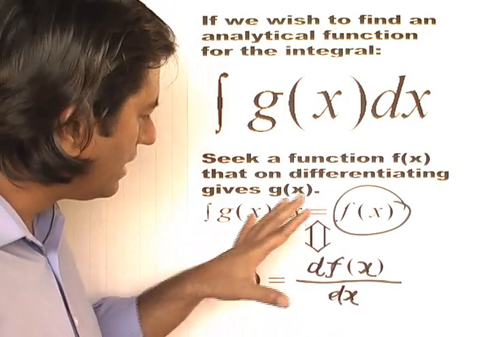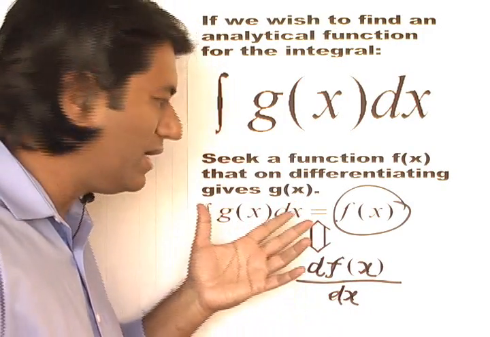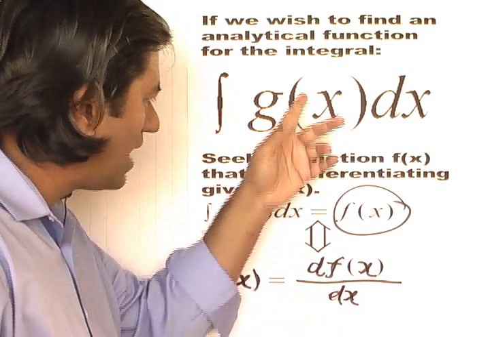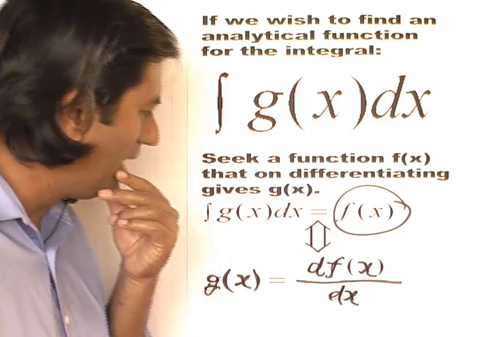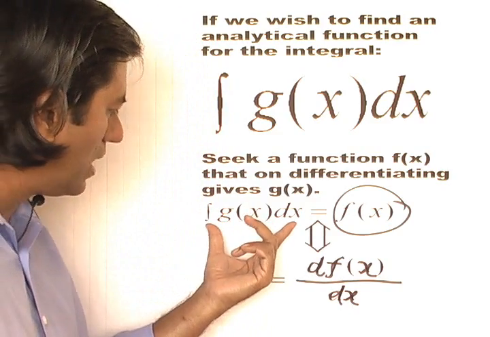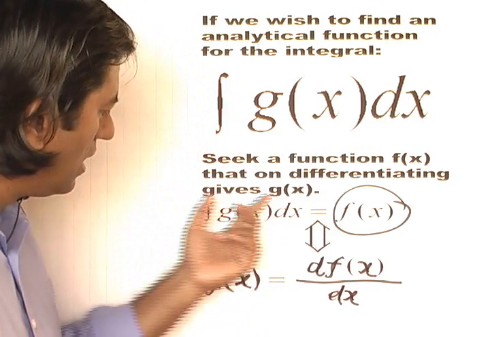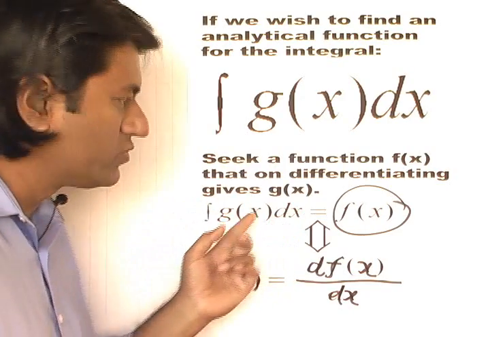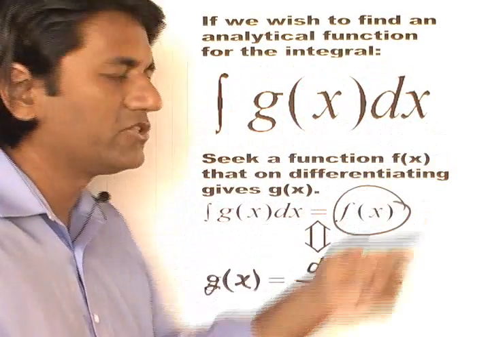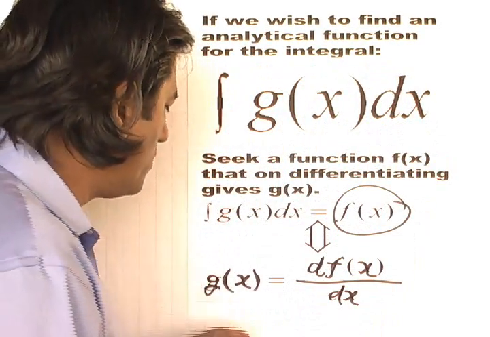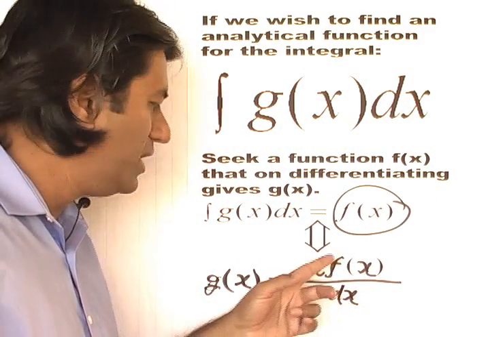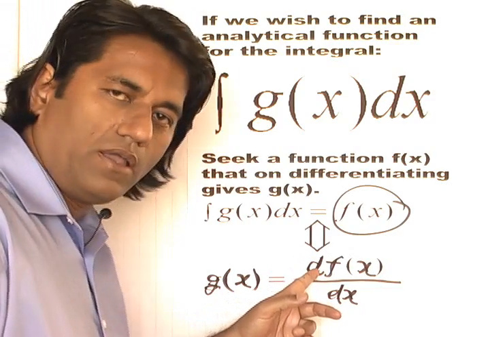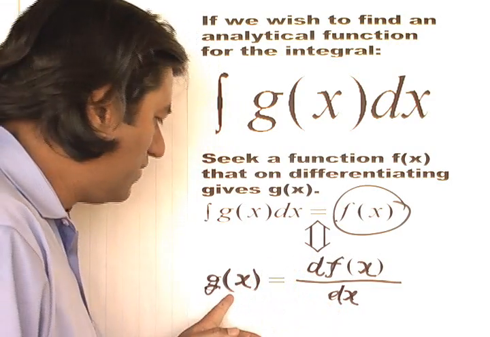So now, given this, how do we find integrals? Well, if you have an expression like g(x) dx to integrate, what we look for is a function f(x) which on taking its derivative gives g(x).